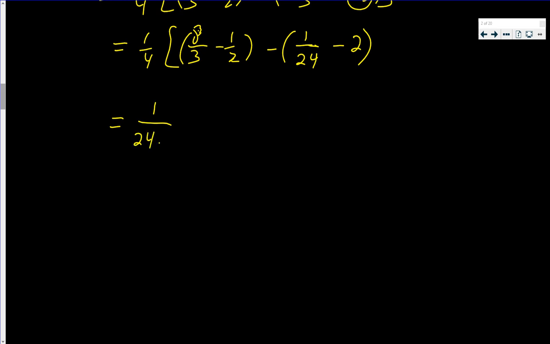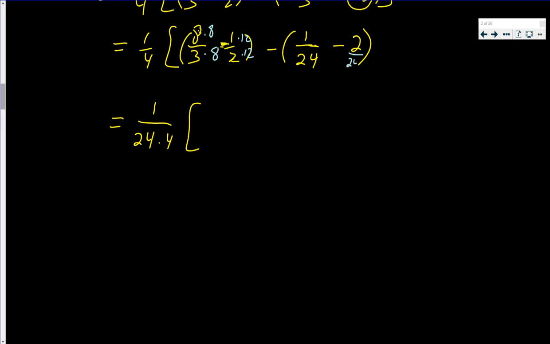So you'll have 24 times 4. 8/3, I will multiply top and bottom by 8, because that's what it takes for me to get a 24 in the bottom. 3 times 8. On the other fraction, the minus half, I'm going to multiply by 12 over 12, and the 1 over 24 is fine.